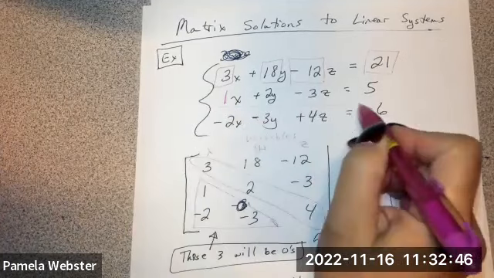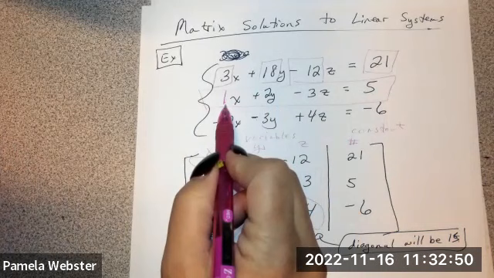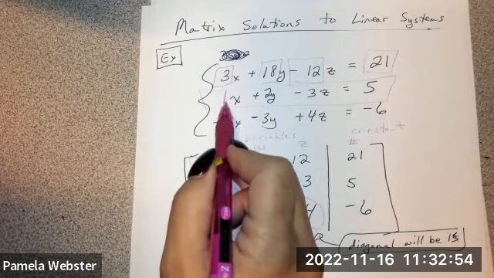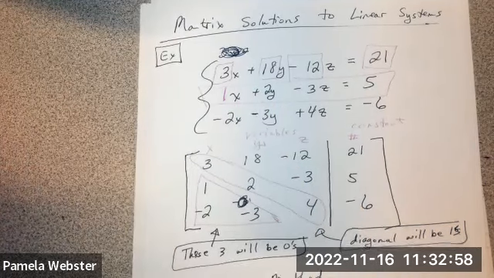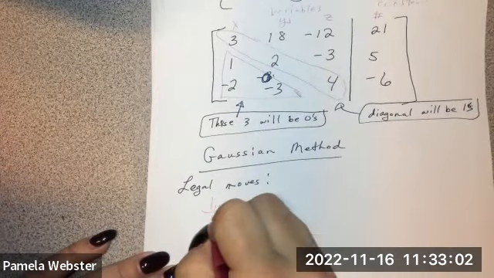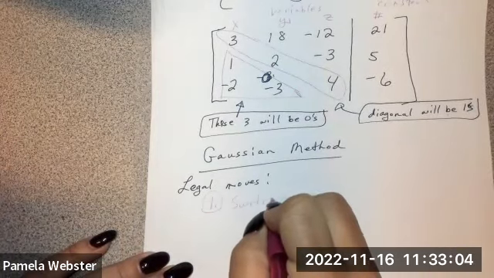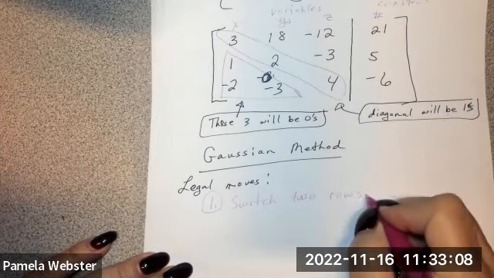And wouldn't it be nicer for me to have a 1 starting out if I had the second equation on the first row? Because he already has a 1 in the first position, right? And I want that first position to become a 1. So the legal move number 1: you can switch 2 rows as long as you switch the entire row.